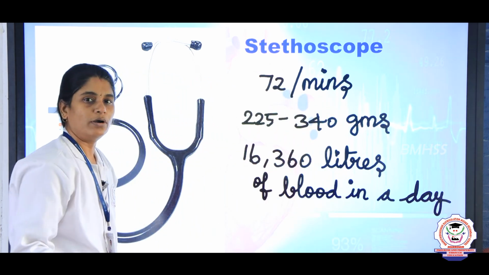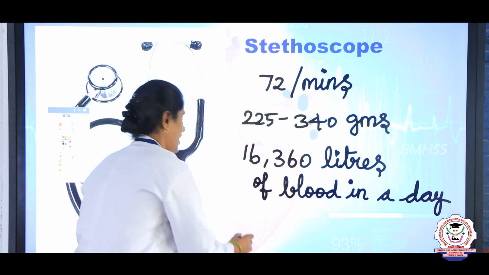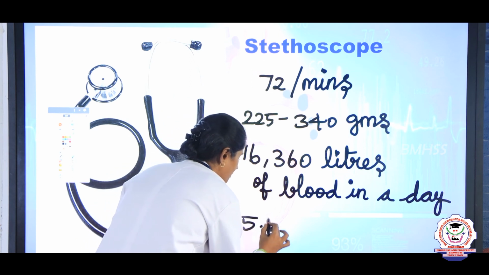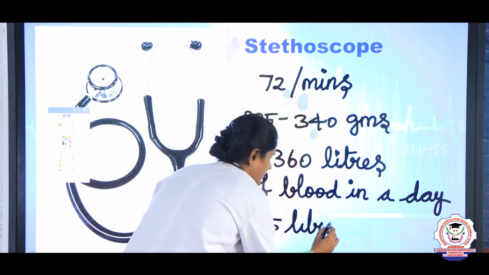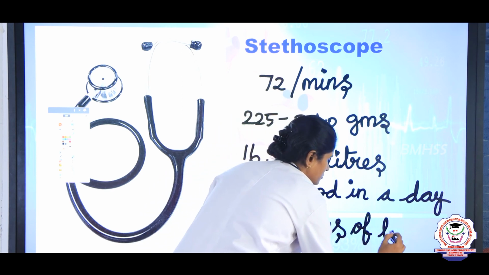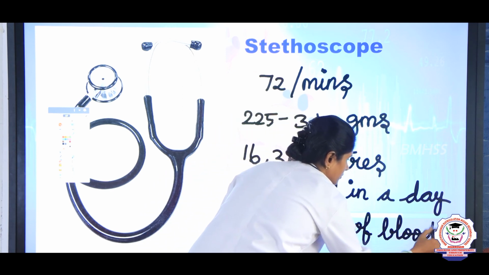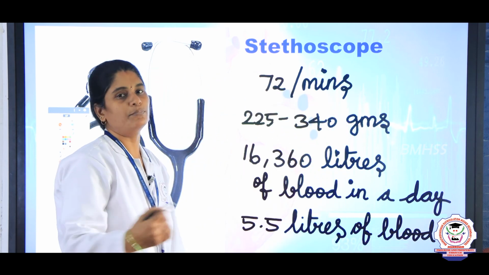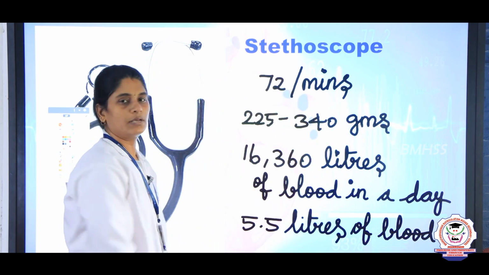And in our body, how much blood do we have? We have nearly 5.5 liters of blood present in our body, right? So this is about the heart.